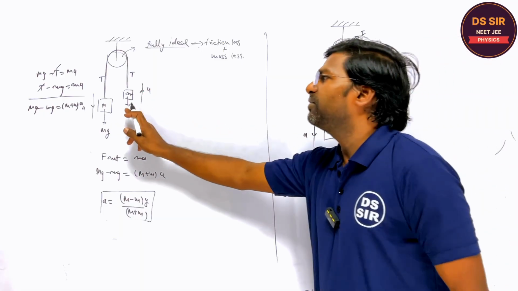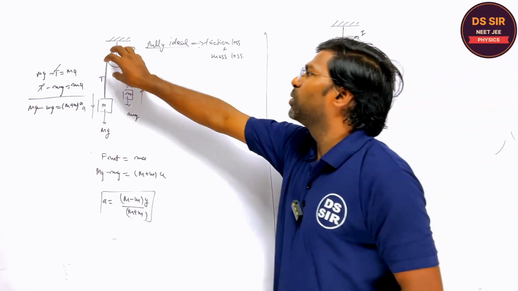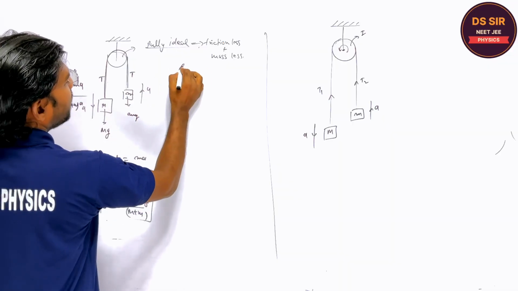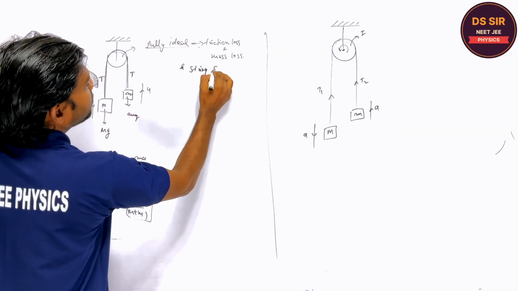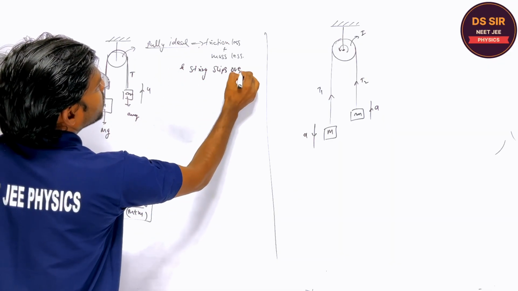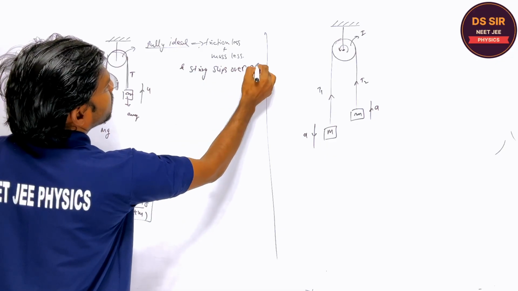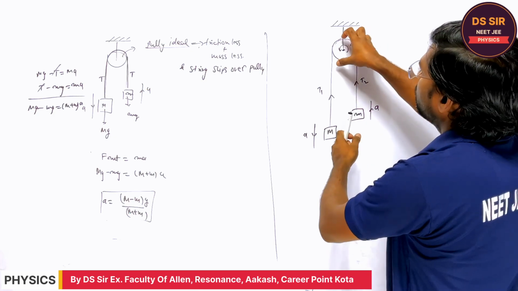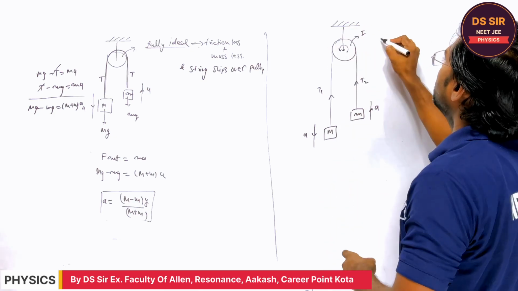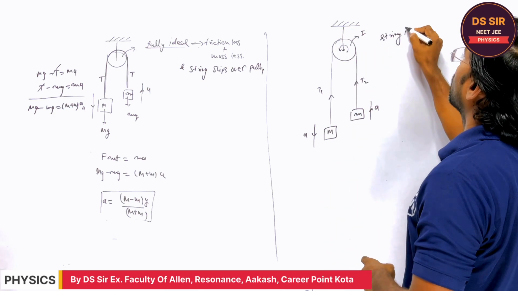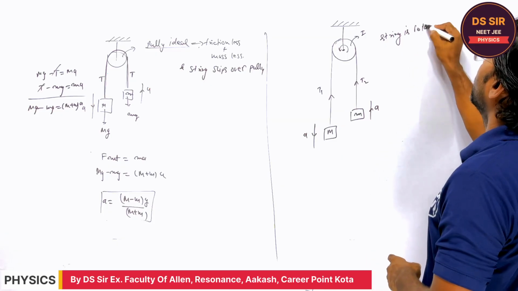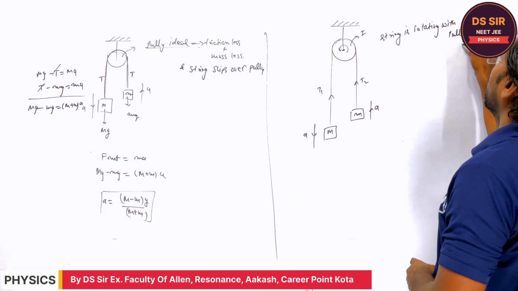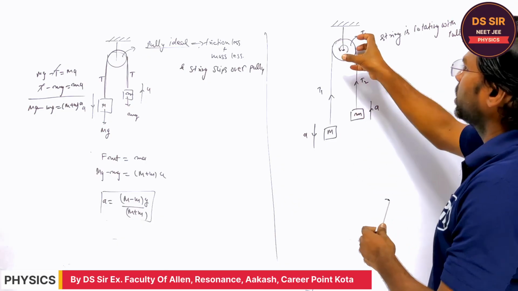Is it clear? What is the difference between this case and the earlier case? In the earlier case, the pulley was ideal and the string slips over the pulley. But in this case, the string is rotating with the pulley, like this.